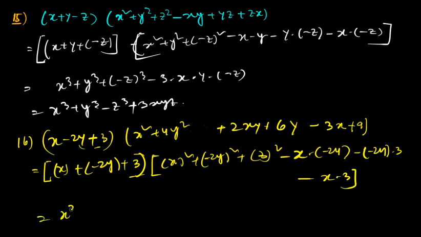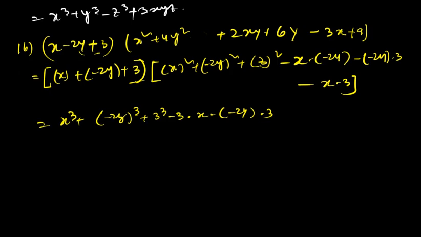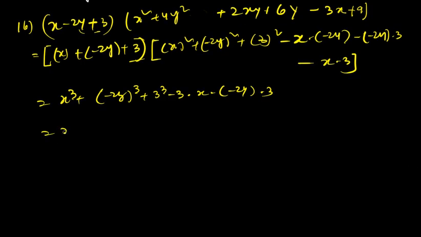So that means x cube minus 2y cube plus 3 cube minus 3 into x into minus 2y into 3. We can simply write it as x cube minus 8y cube plus 27 plus 18xy.